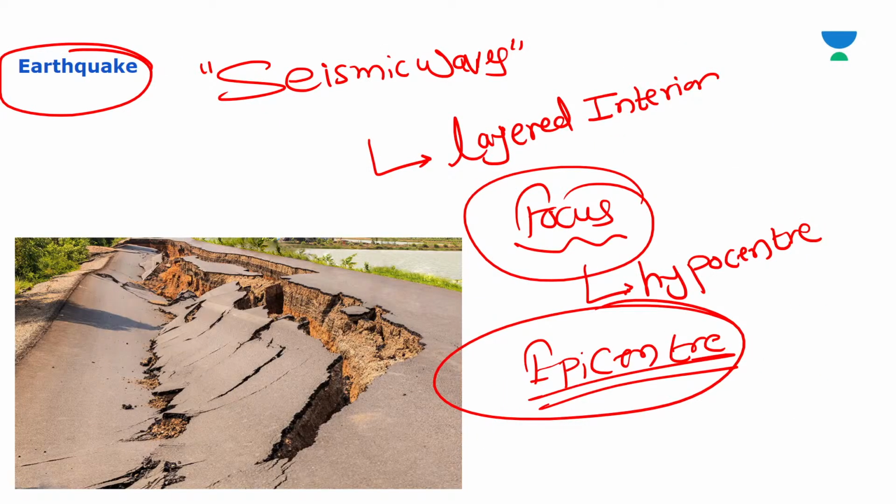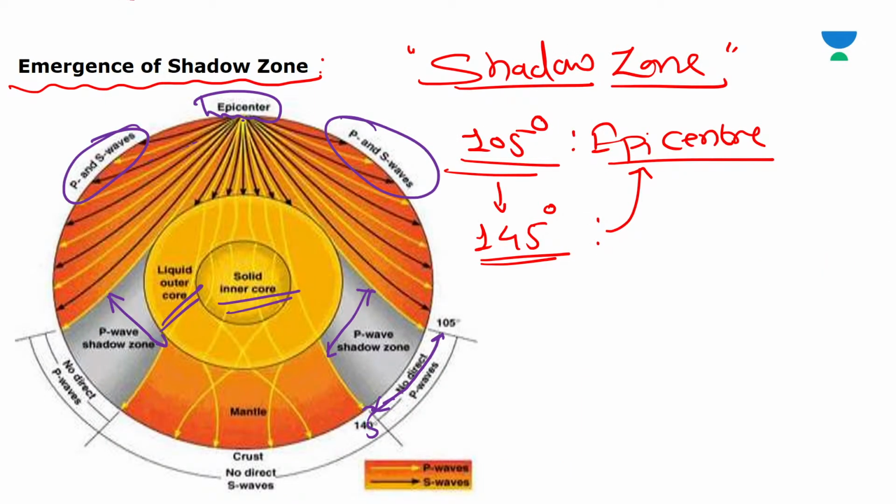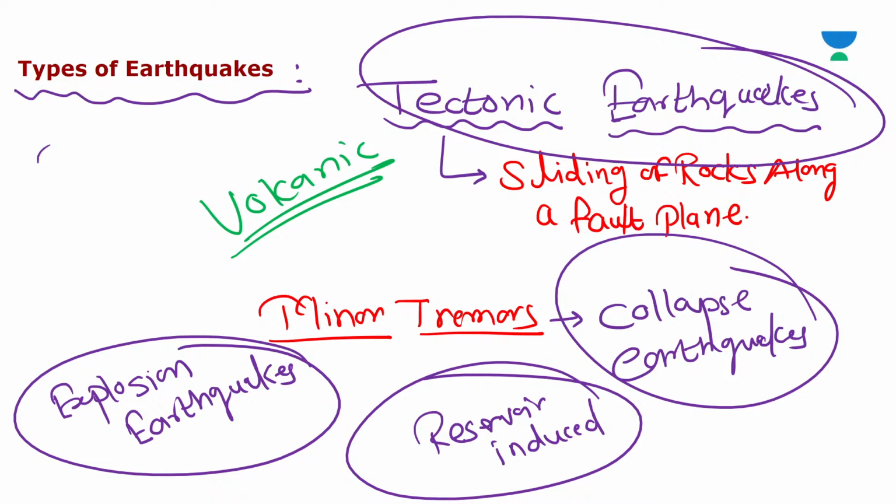Then we have covered the earthquake waves, primary waves, secondary waves, then emergence of shadow zone, then types of earthquakes: tectonic, collapse, explosion, and reservoir induced.